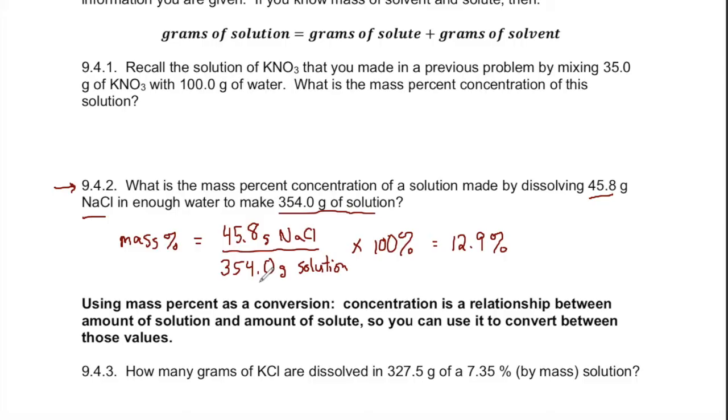We can use that in the denominator and then express that as a percent. So this time we don't have to add them together. So it's important that you pay attention to what these numbers are telling you, not just grab the numbers and put them in the formula or put them in a fraction. So pay attention to what the different masses are before you calculate the mass percent.